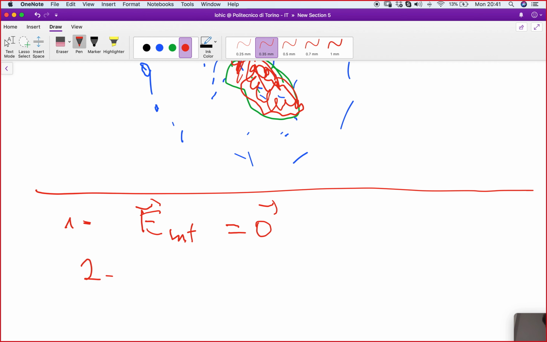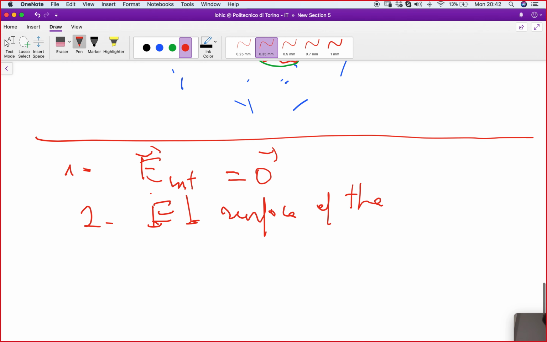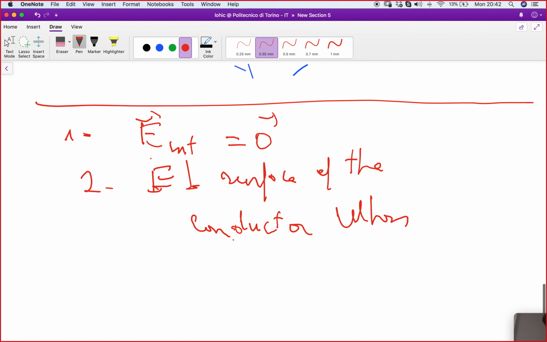Two, the electric field is perpendicular to the surface of the conductor when the conductor is in equilibrium.